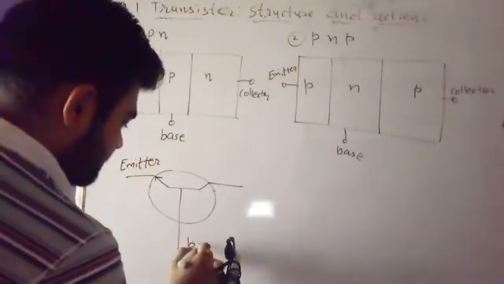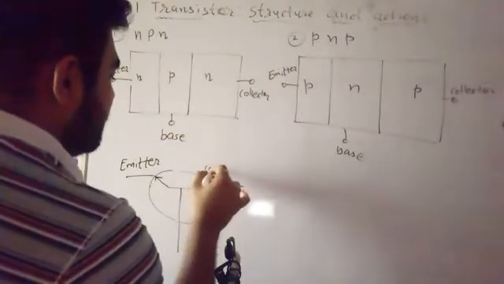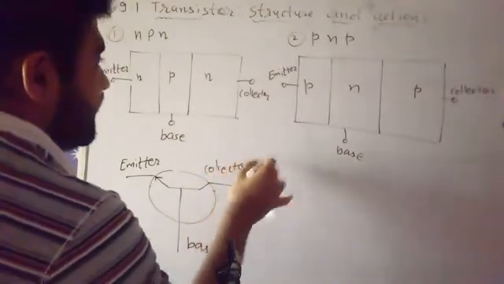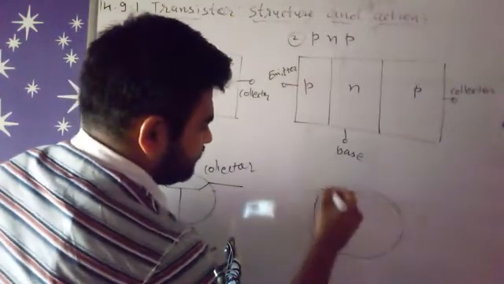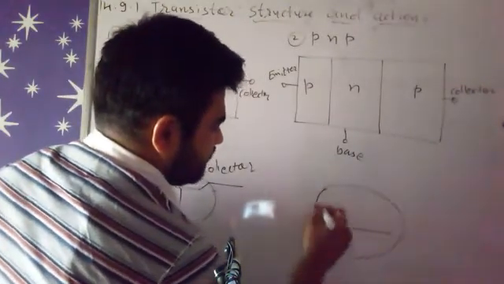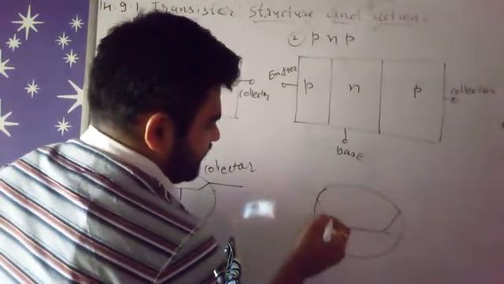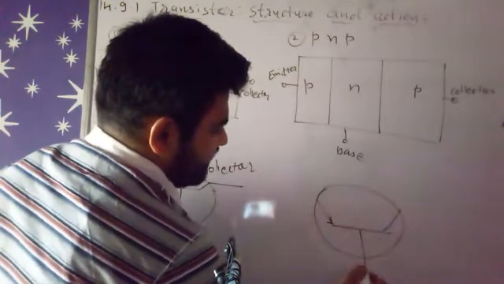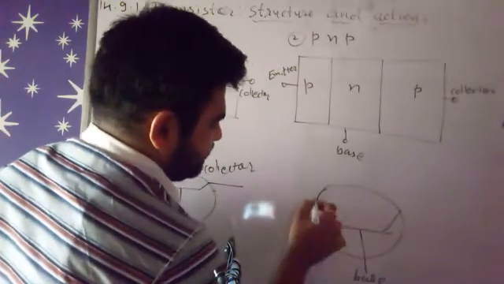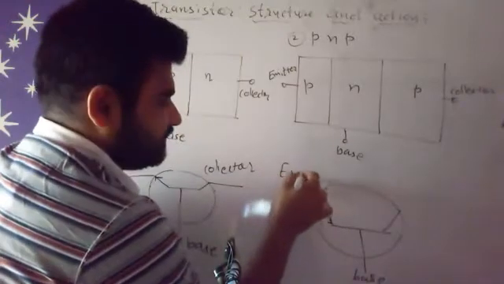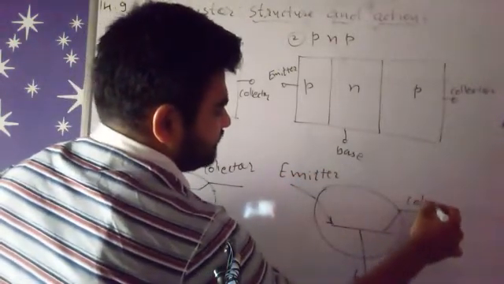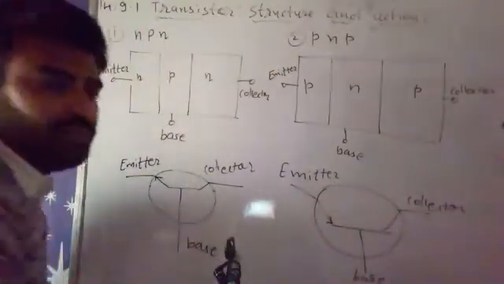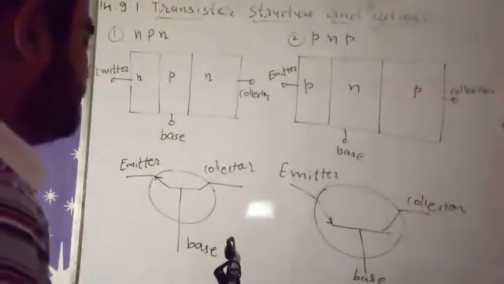This is our base terminal and this is our collector. And for PNP, similarly, we have one circle and the arrow is towards the base. This is the emitter and this is the collector, right? So emitter, base, and collector.